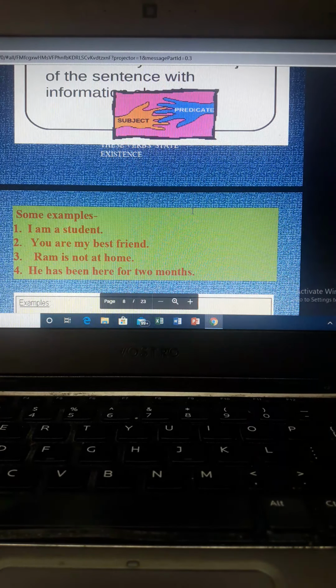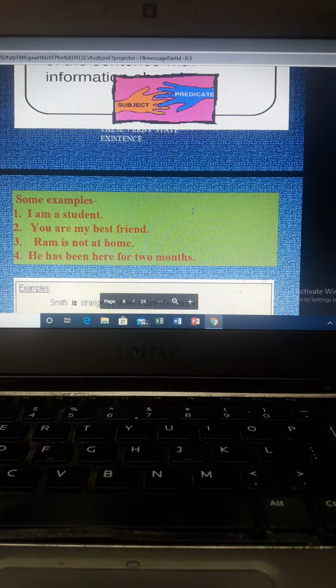So over here, am is a linking verb. Am links I, that is the noun, the subject, with the rest of the sentence, which is the predicate. A student over here becomes the predicate. And am becomes the linking verb or the verb of being.